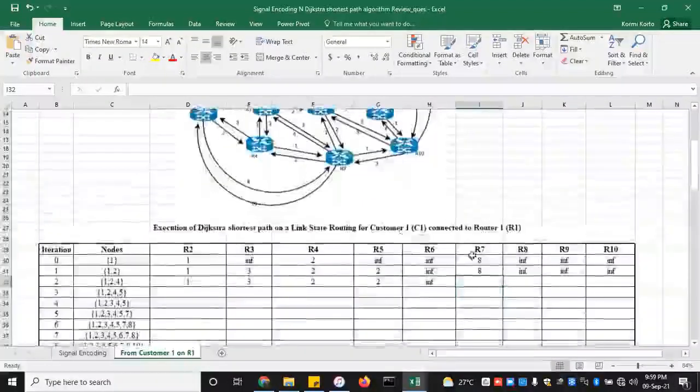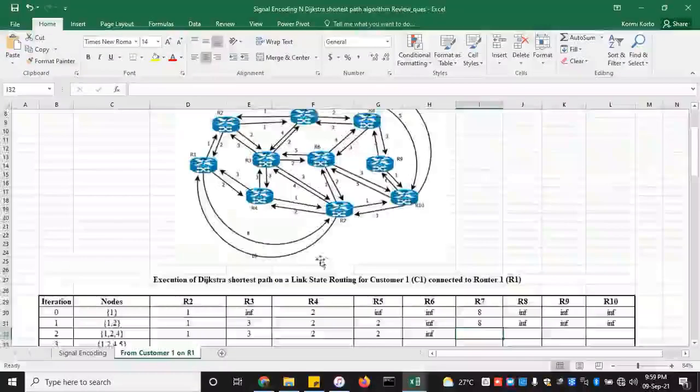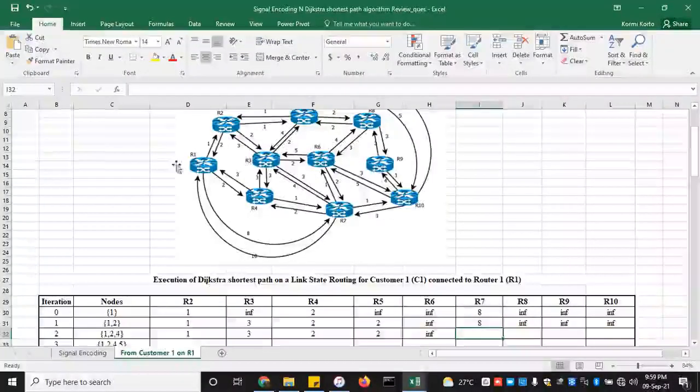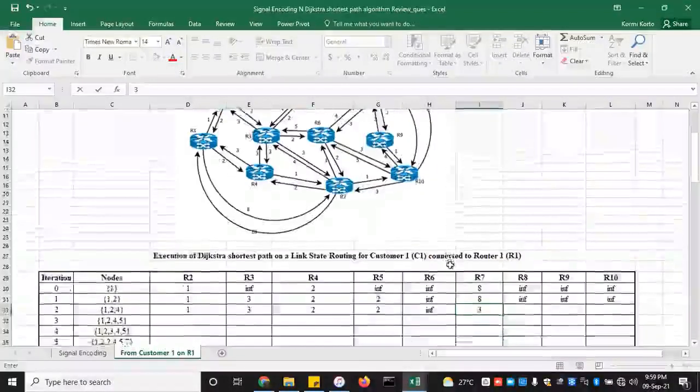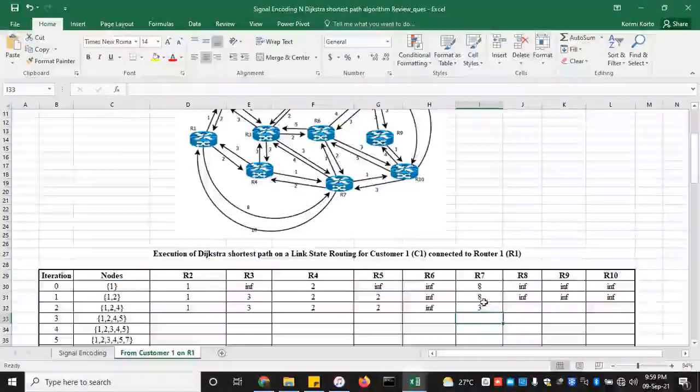So now sending a packet from customer 1 through router 1 or router 2 or router 4 would actually get you a much better least cost, which in this case is 3. And we got a 3 by using router 1 to router 4, which is 2, and router 4 to router 7, which is 1. So 1 plus 2 is 3. So you notice that we actually now decrease our cost from 8 to 3.